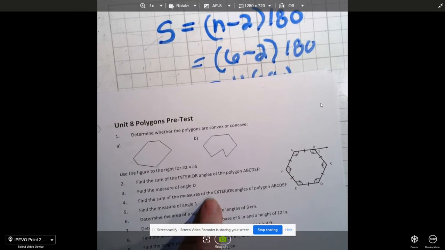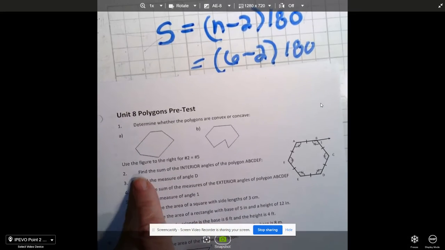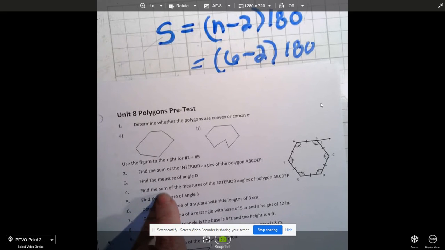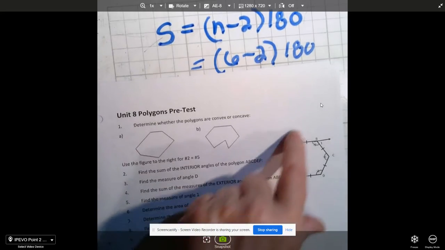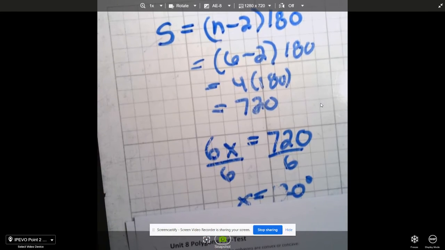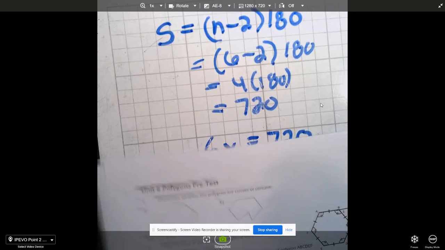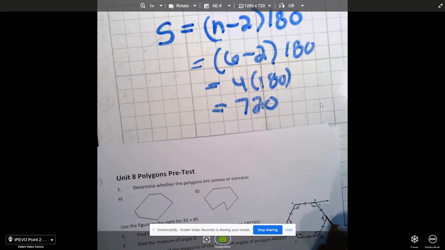Find the sum of the measures of the exterior angles of the polygon. Well, I like this question because it says find the sum of the measures. If I remember from my notes, and again, an exterior angle would look like this, if I extend each one of these like I did here, this would be an exterior angle.